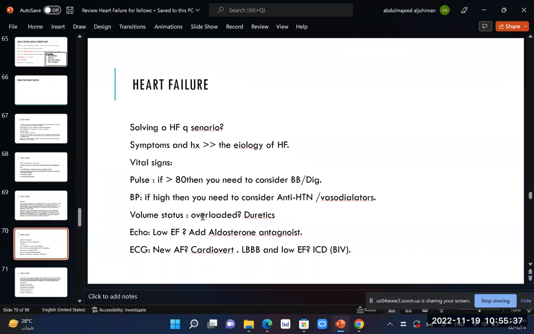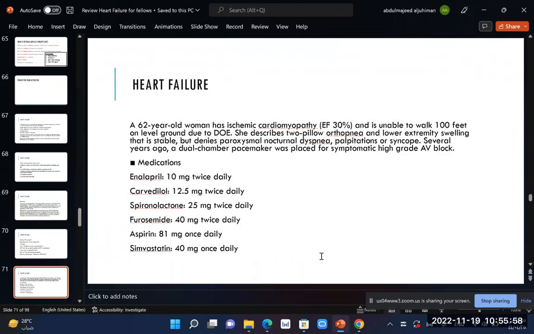Volume status, if overloaded, then you should consider diuretics. Echo, if low EF, you should add aldosterone antagonists. ECG, looking for new AF for cardioversion. And if there is left bundle branch block and low EF, then ICD or BiV ICD.